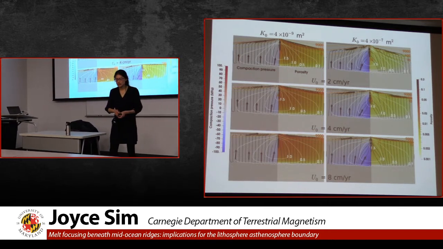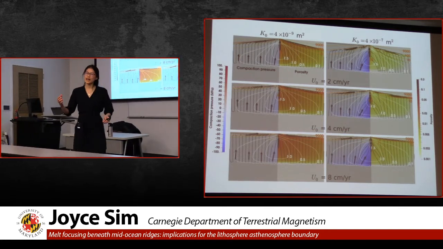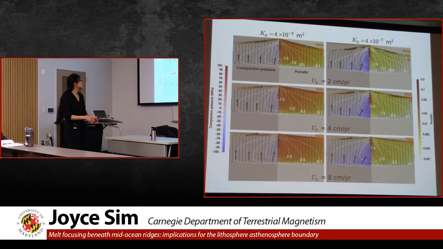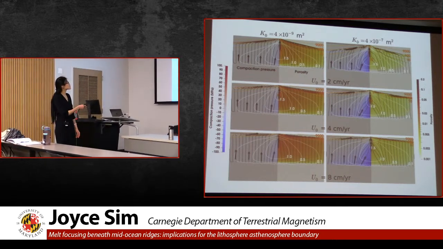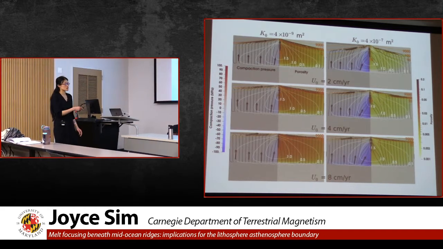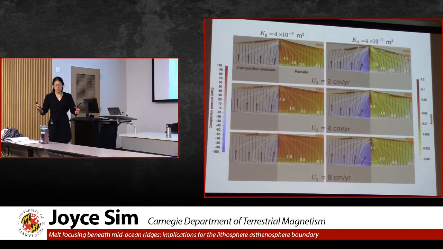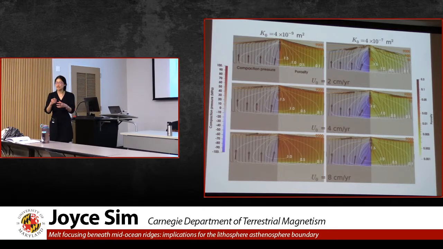Yeah, so, okay, back to the sponge analogy. You have a stronger compaction pressure here that's pushing melt towards where it wants to be on a ridge axis.